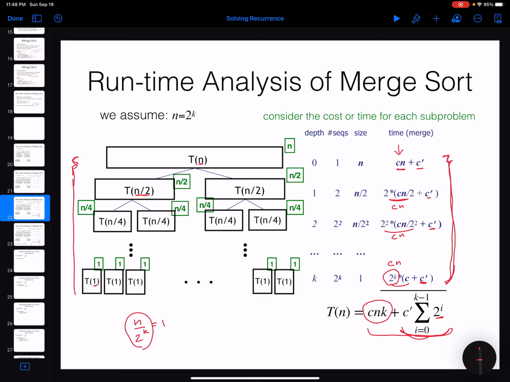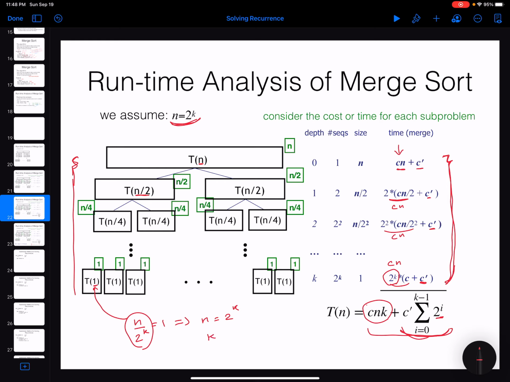So this is going to be exactly this value, right? You will stop when n divided by 2 to the power k is equal to 1. I can simplify this and say that n is equal to 2 to the power of k. Remember, we assumed at the beginning that n is going to be some power of 2, 2 to the power k.